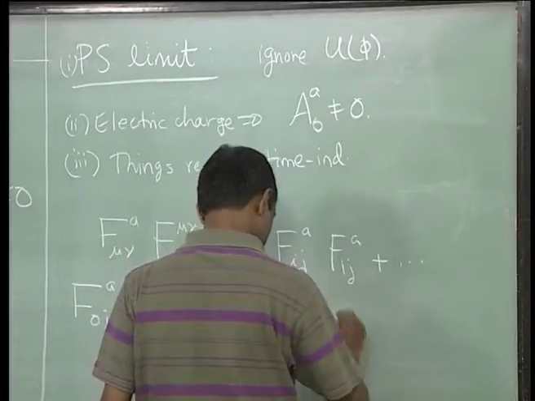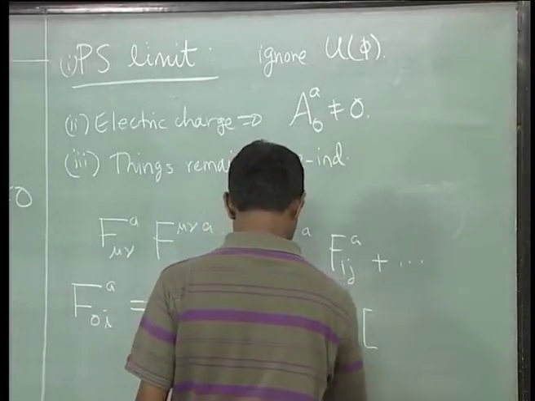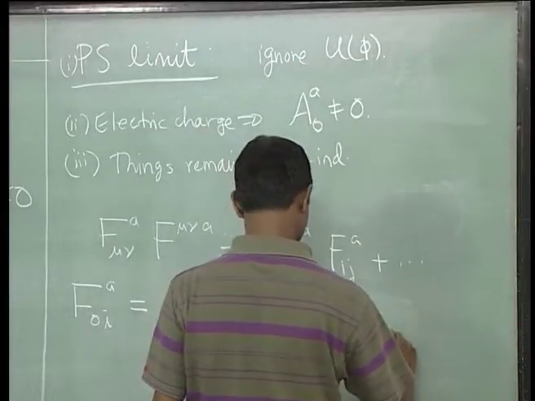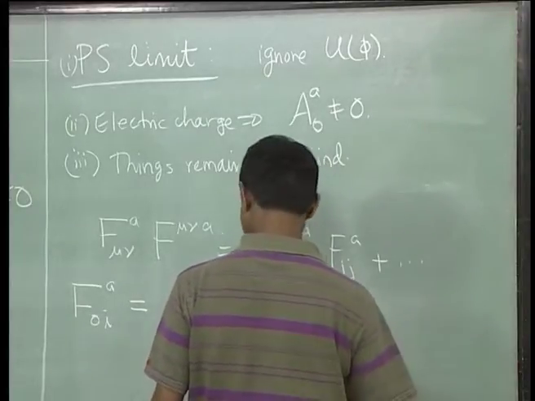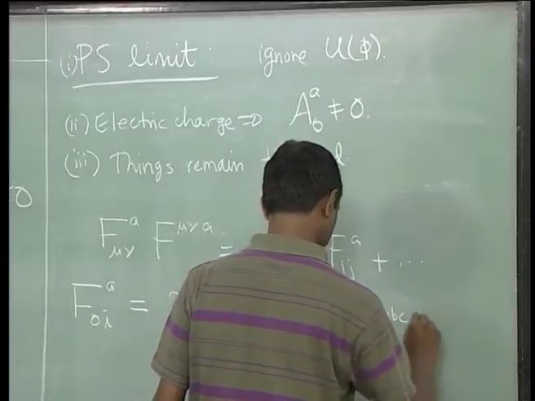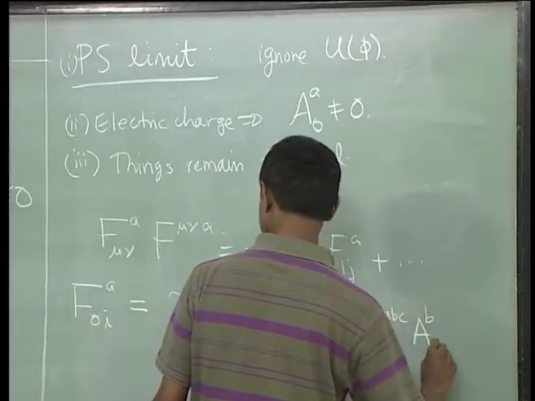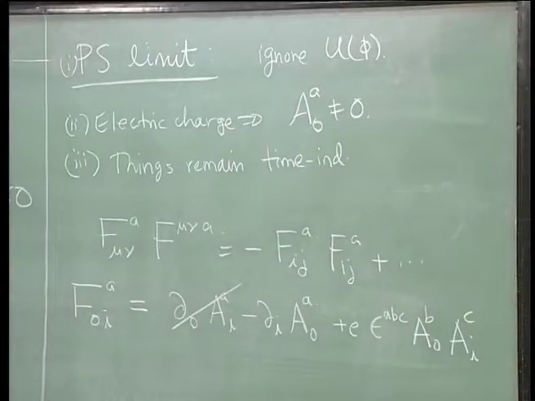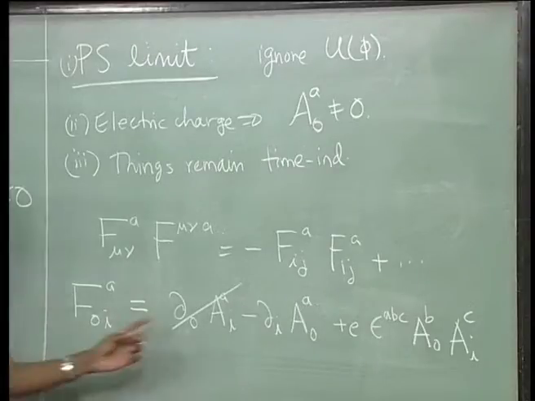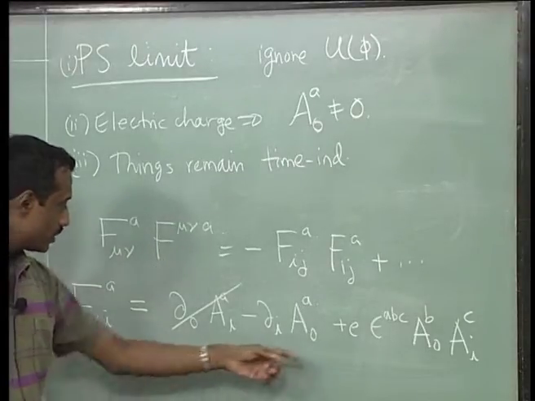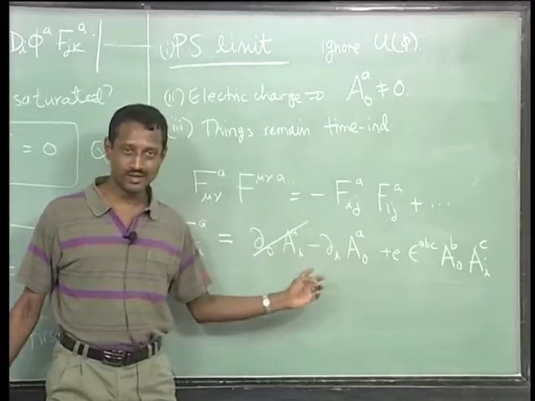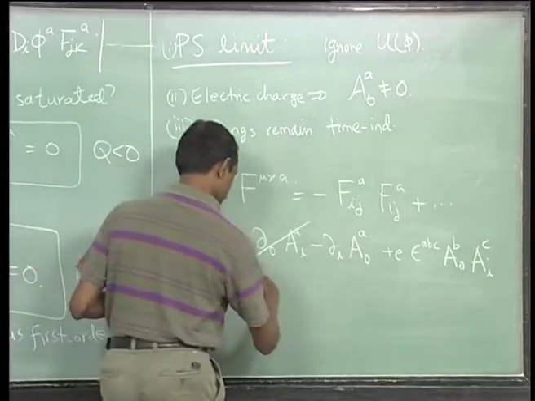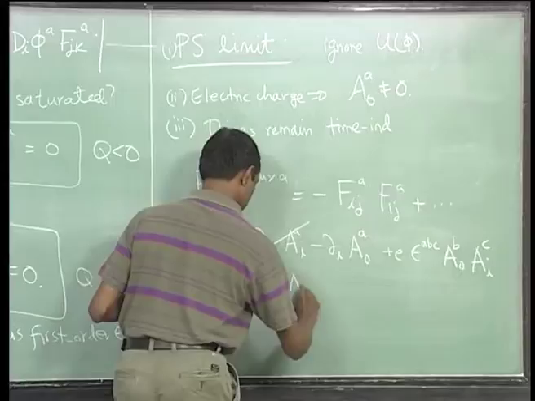Then we will get plus epsilon, e, A0. So all I have done here is to get rid of this time derivative, but the rest remains. But if you look carefully, this I can rewrite as minus D_i of A0^a.